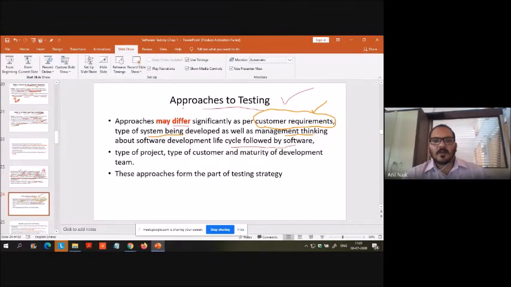There are different approaches to test the software.